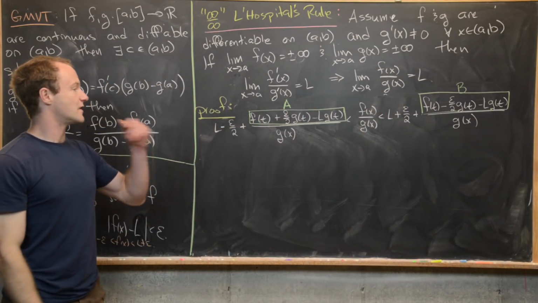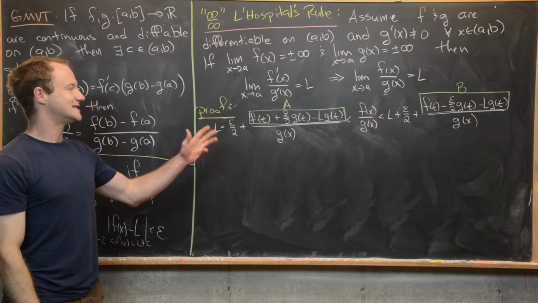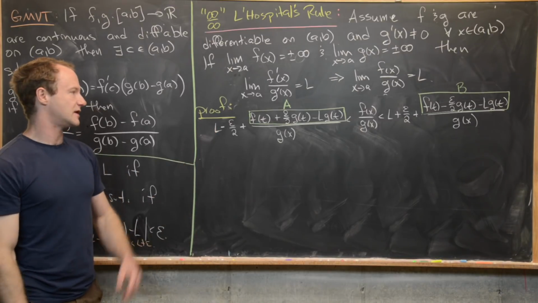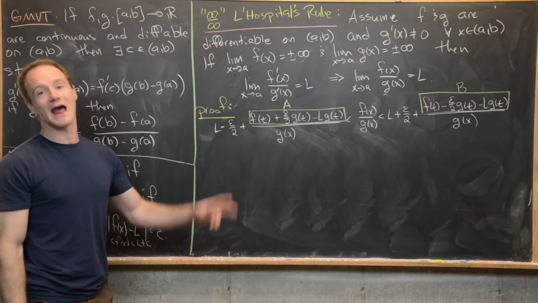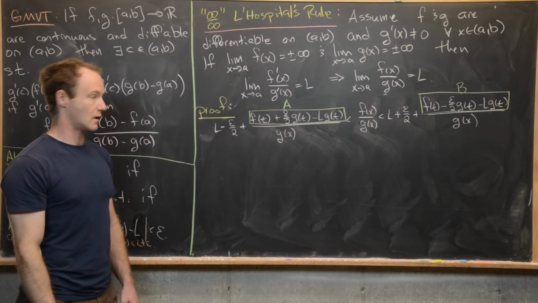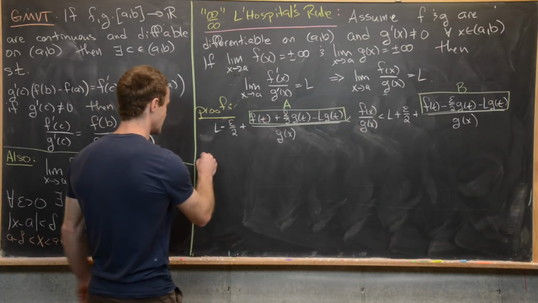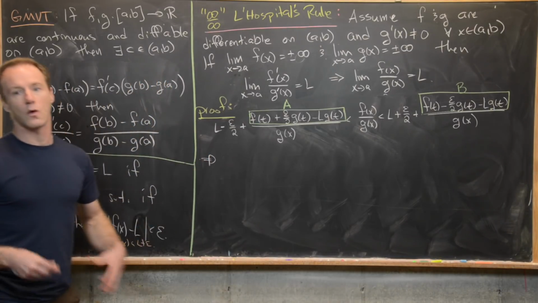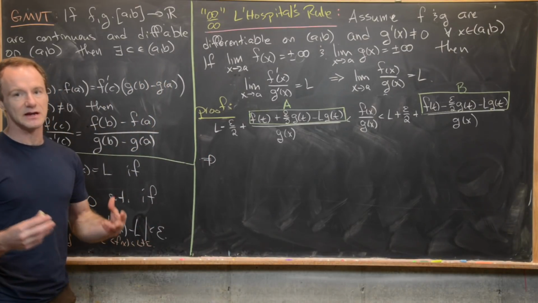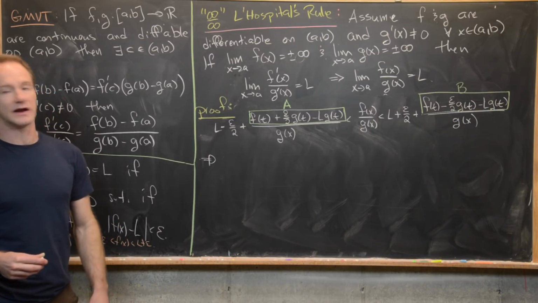Great. So the next thing that I want to do is take this compound inequality and rewrite it as an absolute value inequality. And we can do that maybe in the following way. It's not going to be quite as tight as we need it to be, but it'll be good enough for our game.